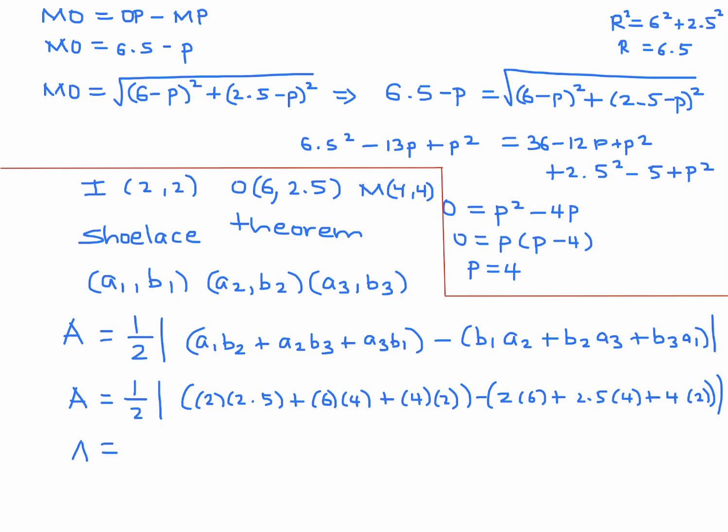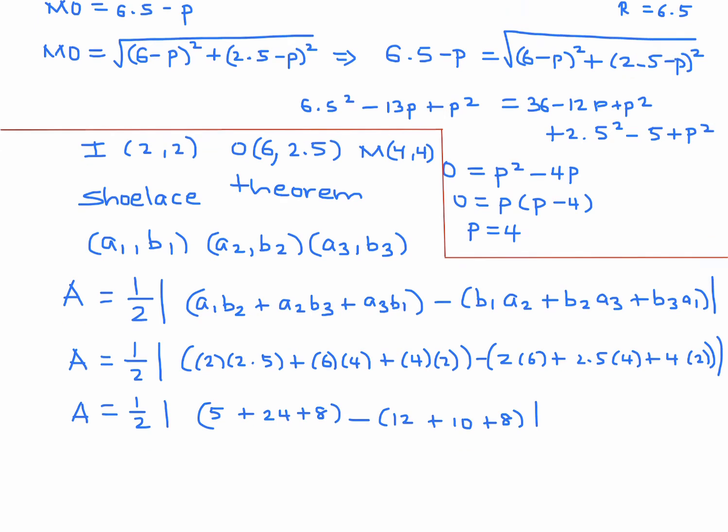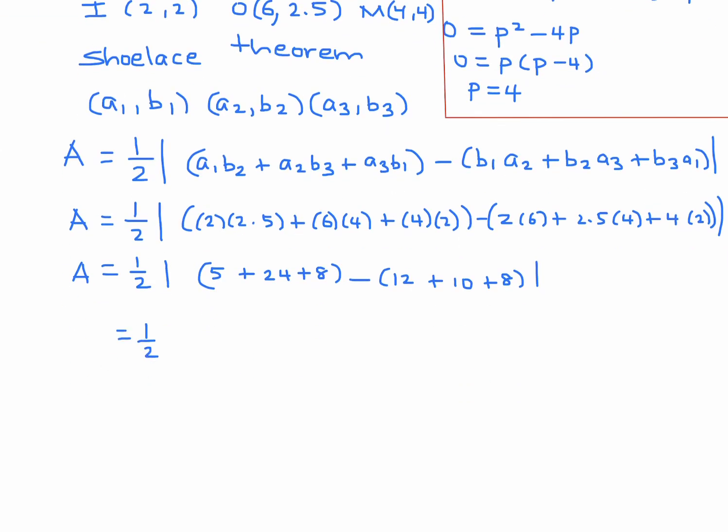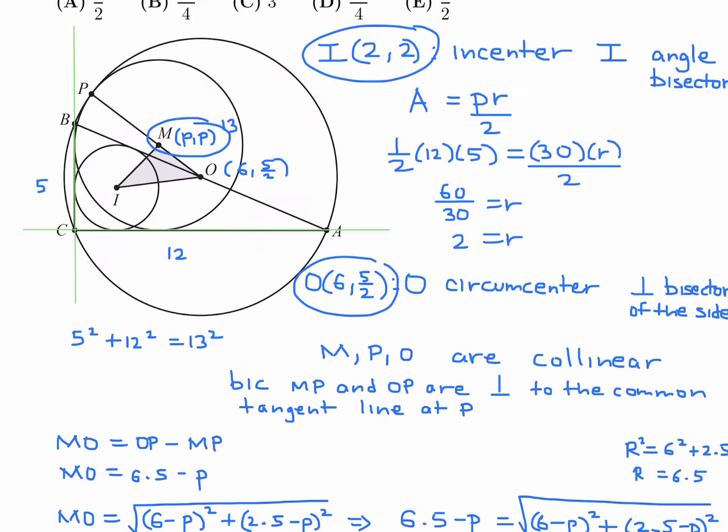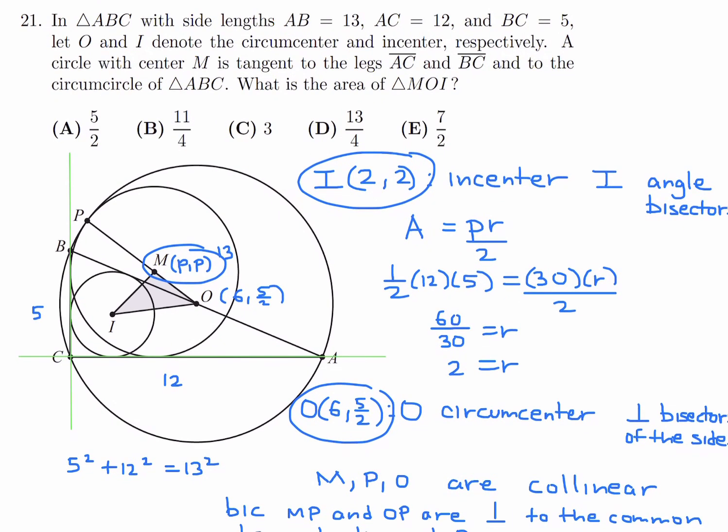Okay, so this is 5 plus 24 plus 8 minus 12 plus 10 plus 8, and that is 37 minus 30, and that is 7/2. And that's it. Challenging question. Number 21. The answer is E.